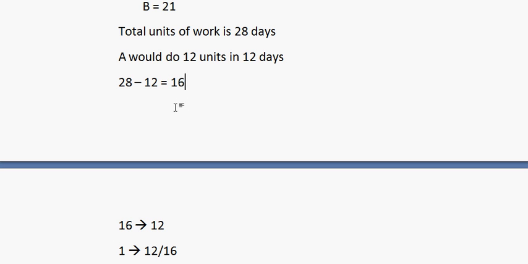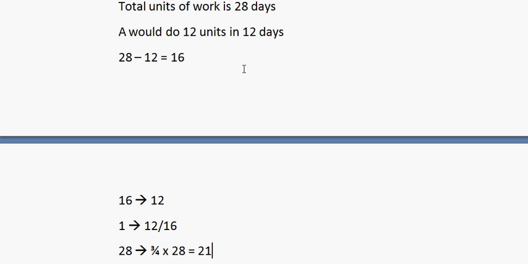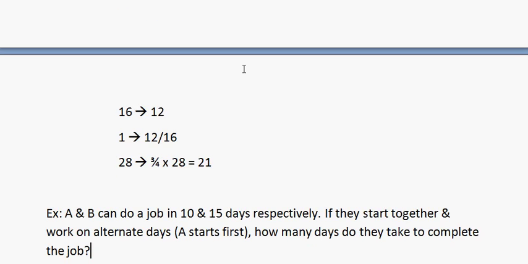And B also worked for 12 days. Now we have to just find how many days B requires to contribute 28 units. So this becomes a simple question of unitary method or chain rule, right? So our basic funda here is to change the entire question to a chain rule question, right?